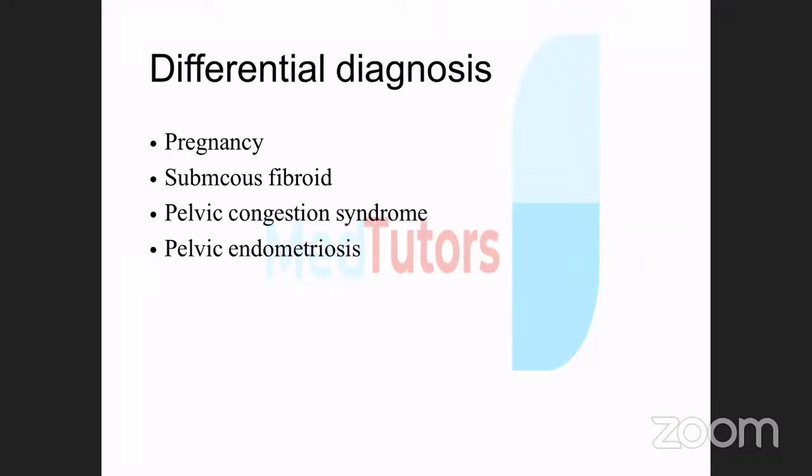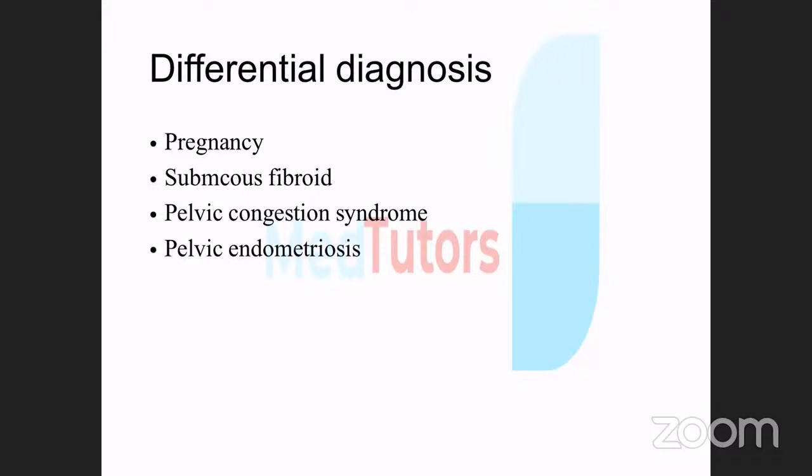What are the differential diagnoses? Of course, differential diagnoses include 1, pregnancy, 2, submucous fibroid, 3, intramural fibroid, 4, pelvic congestion syndrome, 5, pelvic endometriosis. Based on symptoms, it may mimic pelvic endometriosis or pelvic congestion.